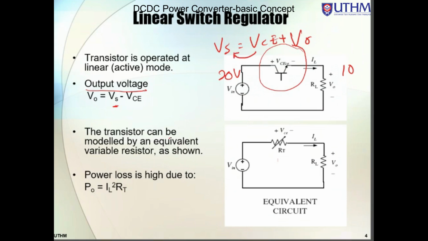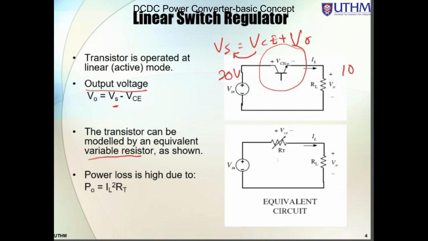Okay, so the transistor, ini the common concept lah. Switch tu adalah transistor lah untuk dalam DC to DC converter. So the transistor can be modeled by an equivalent variable resistor.